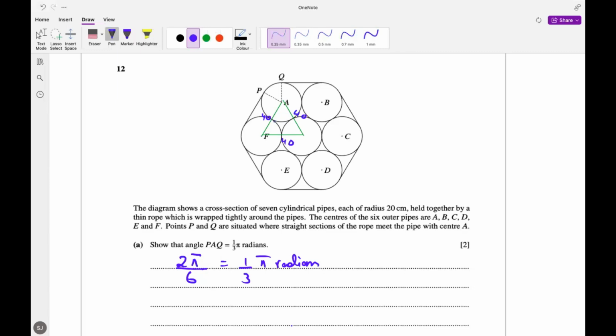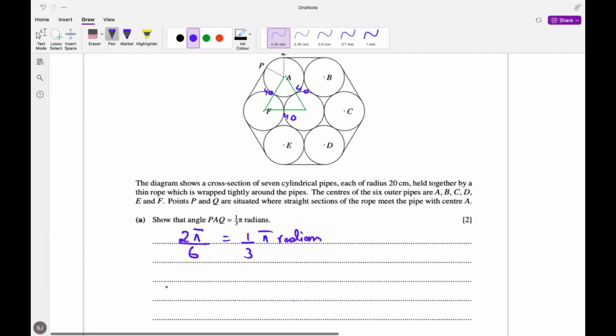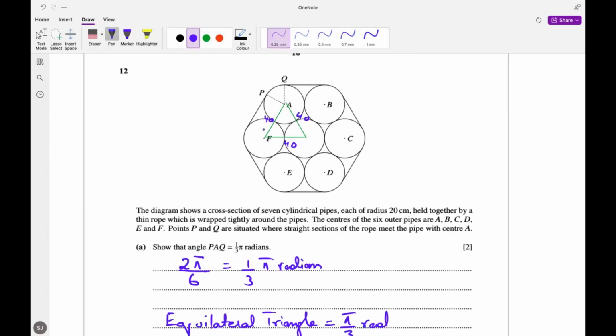Now, as they're equilateral, so the total angle in a triangle is pi radians, so we can use the equilateral triangle method as well. So if I use the equilateral triangle method, each angle will be pi upon 3 radians. Now, as this is 20 and this is 20 and the angle is pi upon 3, which means that if this length is 20 and this length is 20, this angle will also be pi upon 3.